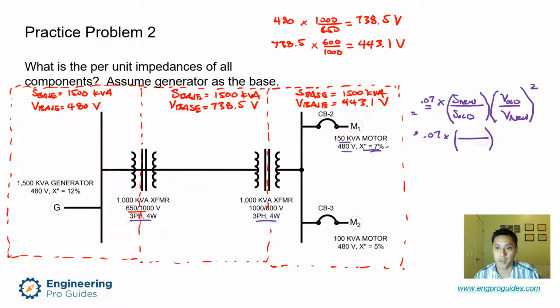So 0.07 times the old power, which is 150 kVA. The new power is going to be 1500 kVA. The old voltage is 480. The new voltage is going to be for this zone 443.1.